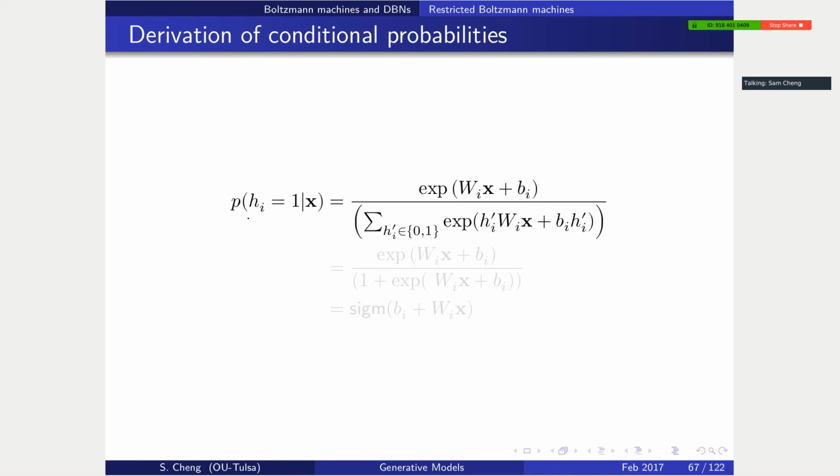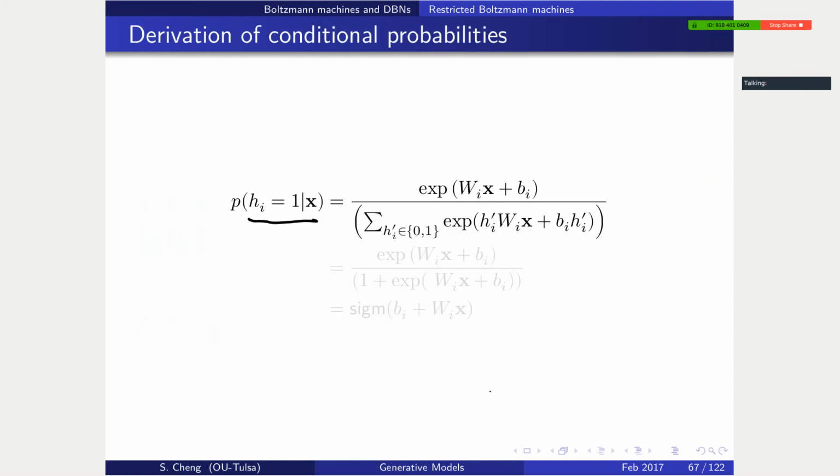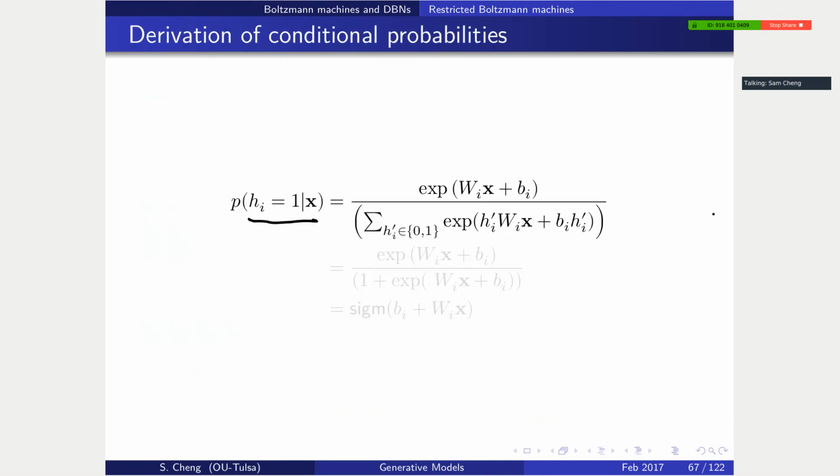So p(h_j equal to 1 given x) will be just equal to, let's see if I remember that, what's the... This slide is a little bit bad, it's too far away.